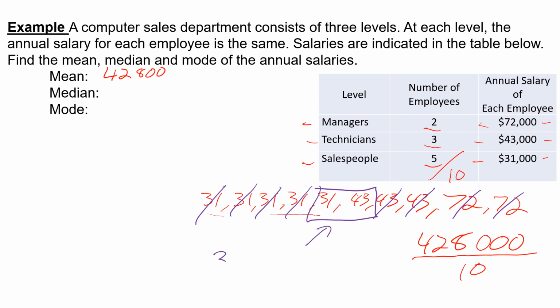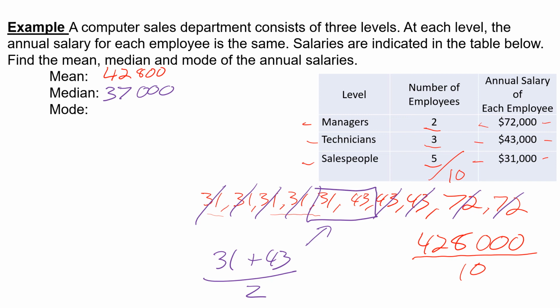I go 31 plus 43, and then divide by 2. On my calculator, 31 plus 43, equals, divide by 2, equals, and I get 37,000.